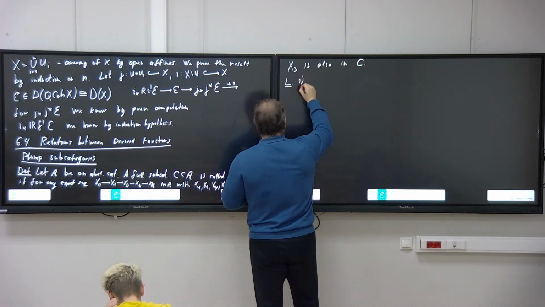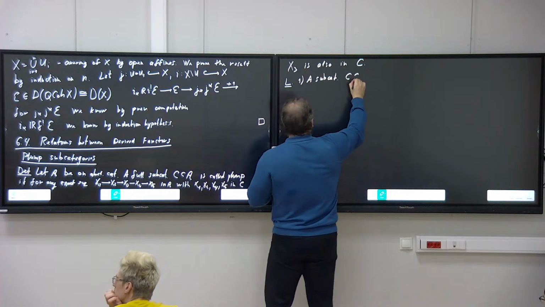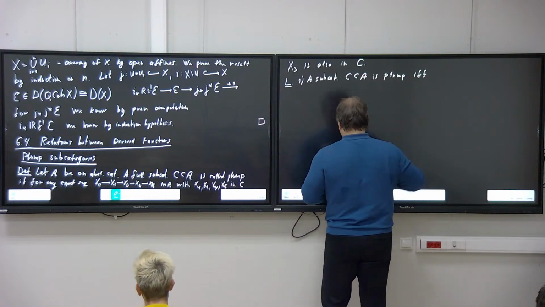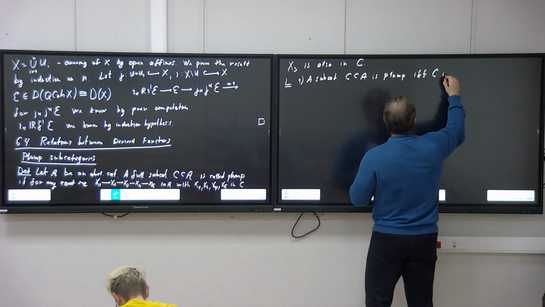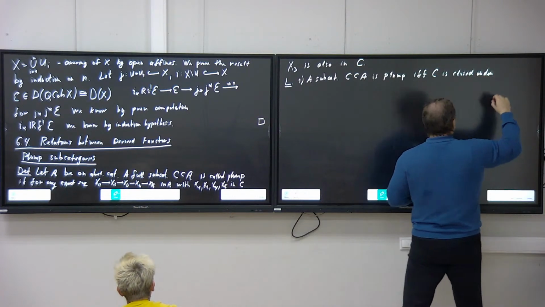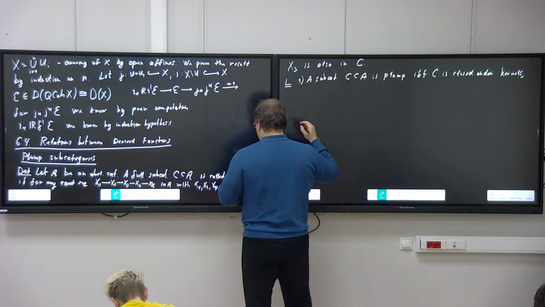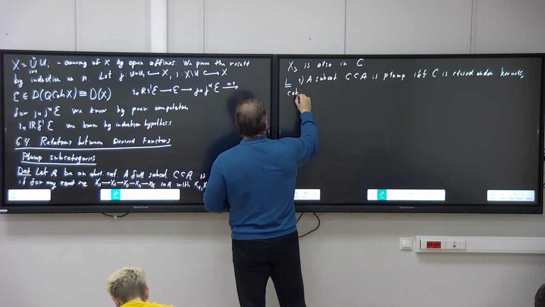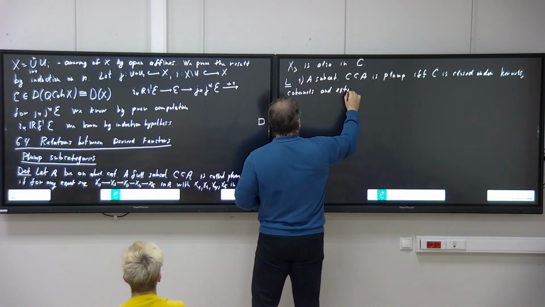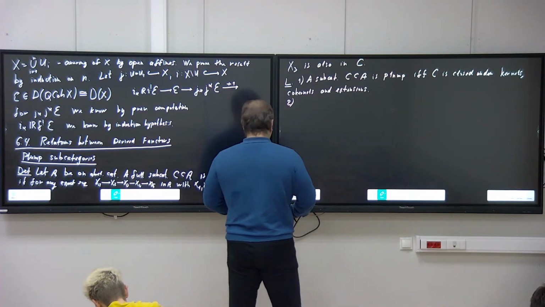The first part of the lemma is the following: a subcategory C in A is plump if and only if C is closed under kernels, cokernels, and extensions. Both parts of this lemma are very easy to verify.